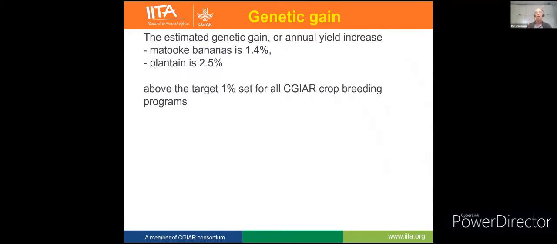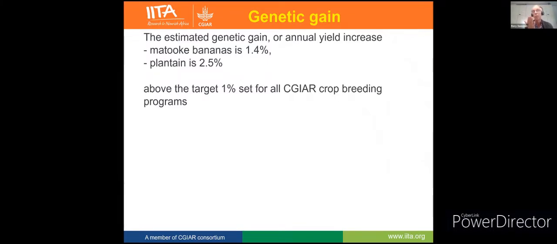If somebody comes with saying, you should breed for that, and it's not decided by the people, we will not do it. And then we have been able to develop yield increases with up to 1.4% annual yield increase for matoke bananas and for plantain with 2.5%. To put this in perspective, the CGIAR, so IITA, Biodiversity, CIAT, IRRI, they've set a target that all breeding programs have to develop hybrids at the pace of around 1%.